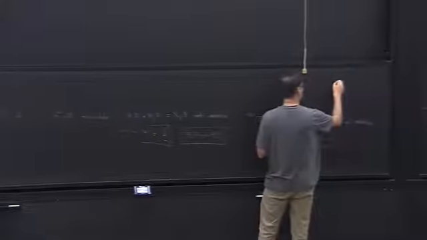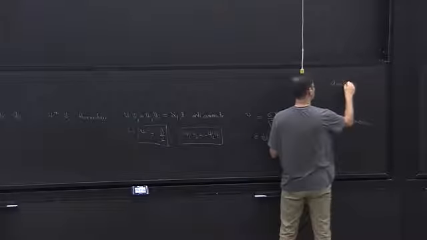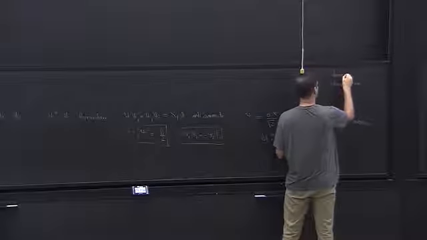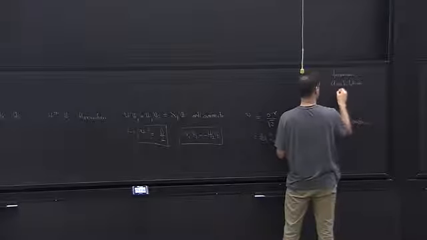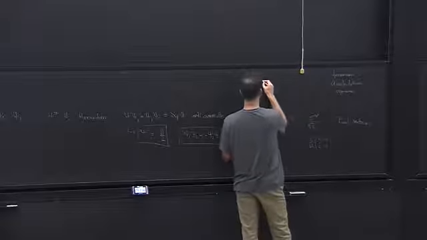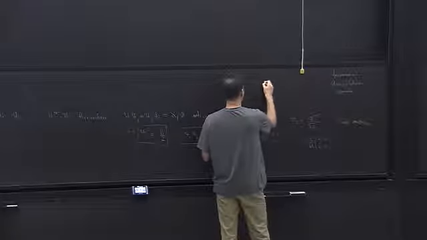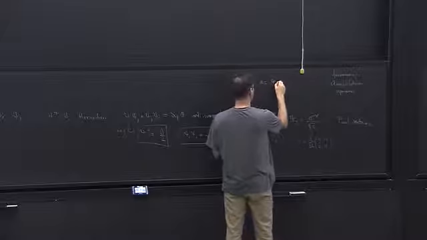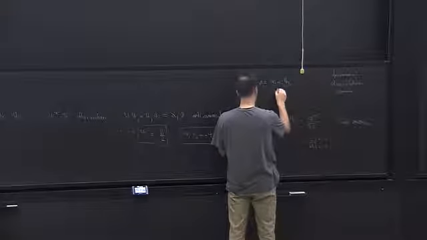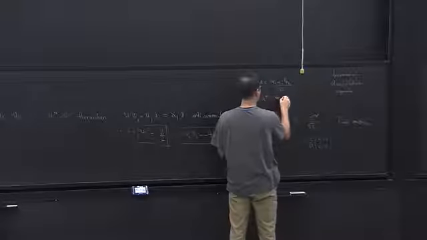But if we want to talk in terms of the fermionic annihilation operator, then what we have is that A can be written as psi_1 plus i psi_2, divided by square root of 2, and therefore A dagger would be psi_1 minus i psi_2.